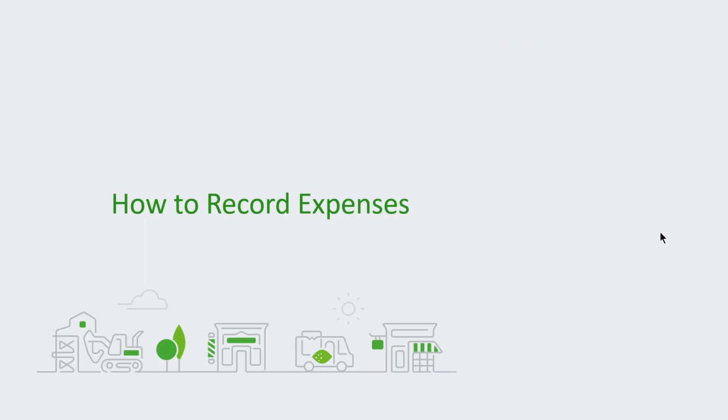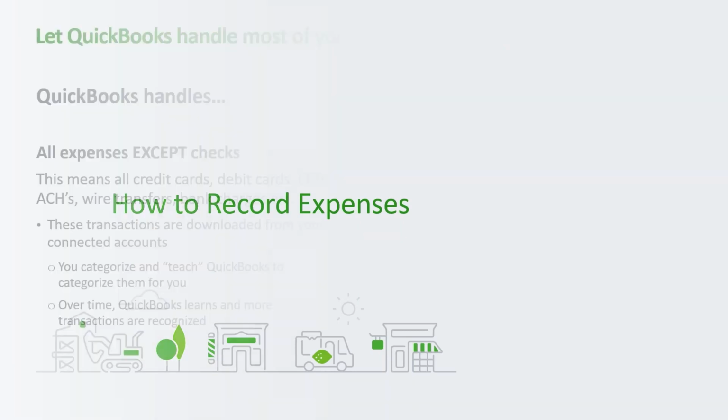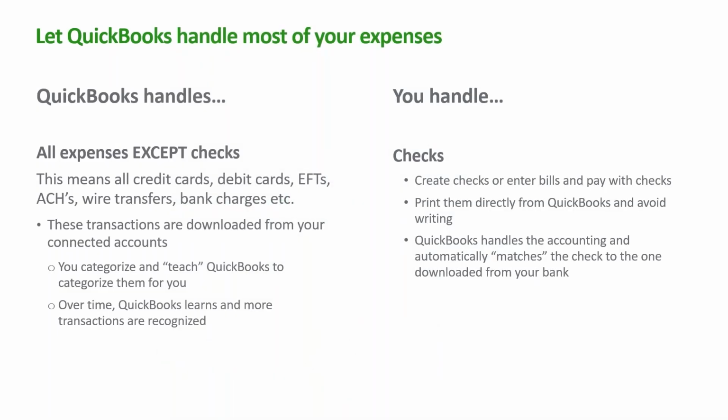Now, when it comes to expenses, there are two major categories of expenses. The ones over here on the left are all expenses except for checks. So EFT transactions, debit cards, credit cards, bank charges, wire transfers, all those things, anything that's not a physical check can be downloaded into QuickBooks Online through the Banking Center.